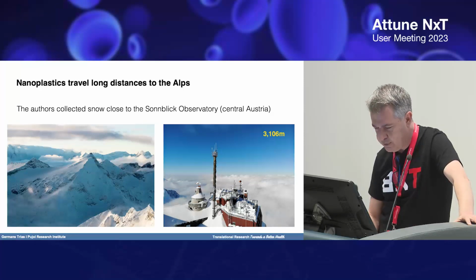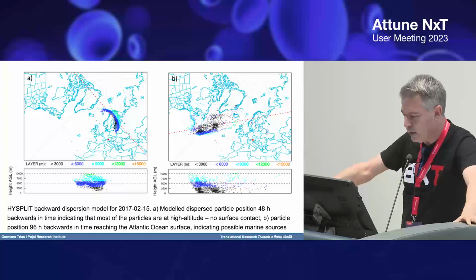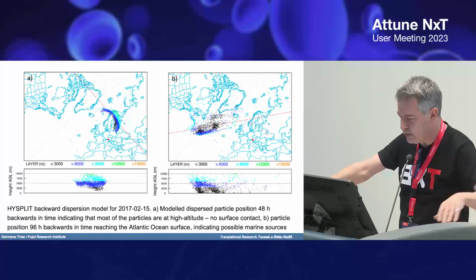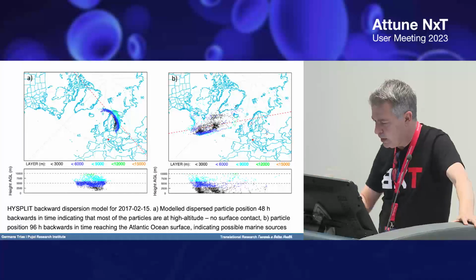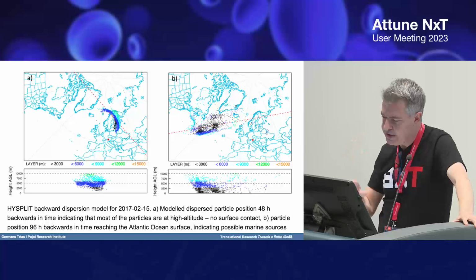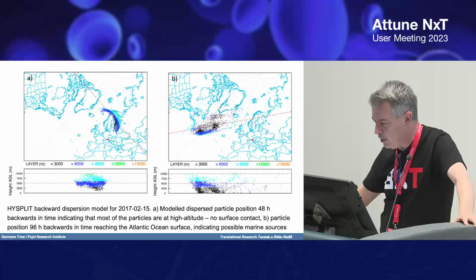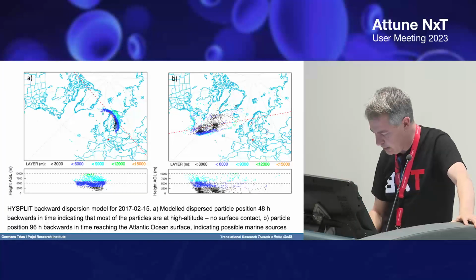And after collecting many different samples, they were able to use a dispersion model, as you can see here, through supercomputing modeling, showing how we are sending all these plastics to the sea and, based on climate change, how these plastic particles can migrate to the Alps and accumulate during the winter and also in the snow.